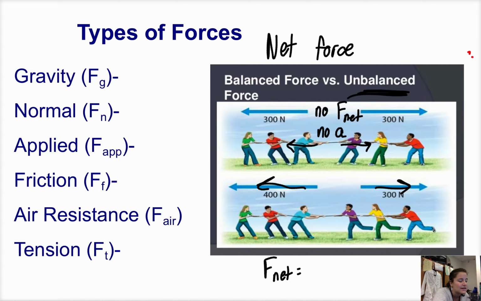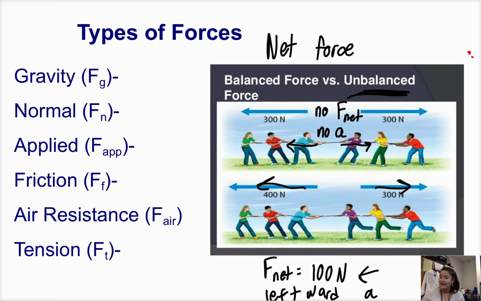That's the amount of unbalanced force, which means that there's going to be a leftward acceleration. The direction of the net force determines the direction of the acceleration, and along with the mass determines how much acceleration there will be.